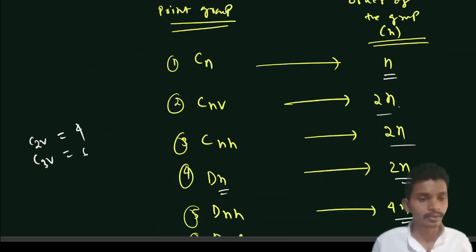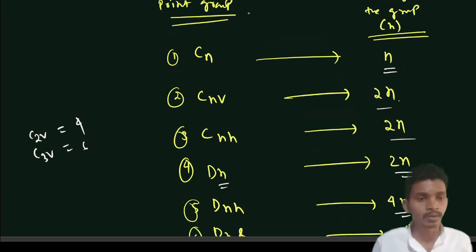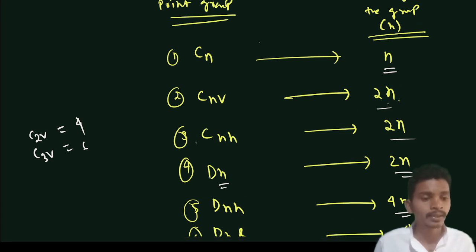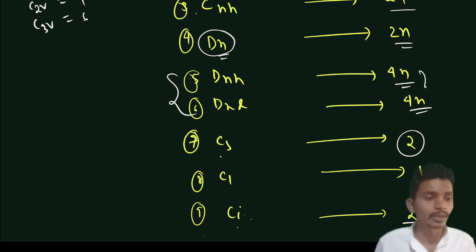Okay, so like that we have to remember these things. Although this is very easy: Cn is n, Cnv is 2n, Cnh is 2n, Dn is 2n. All the D groups will have power n, only Dn here will be 2n, and the rest, Dnh and Dnd, will have power n.